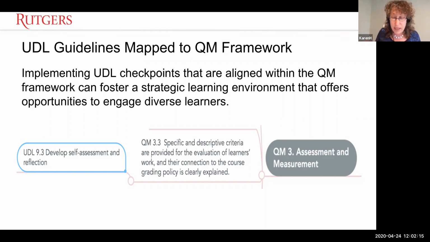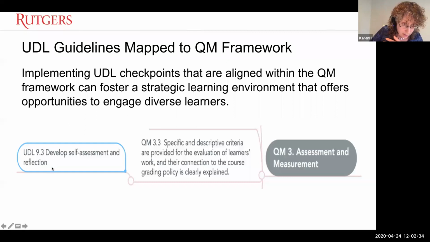So again, in this case, assessment and measurement, we might not be thinking so much about engagement happening there. But if we go to the specific standard, specific and descriptive criteria are provided for evaluation of learners' work.